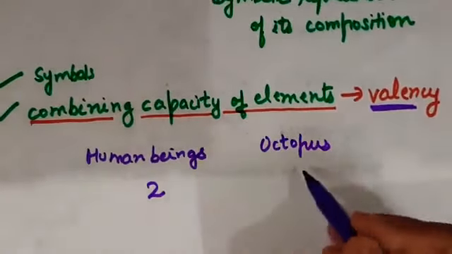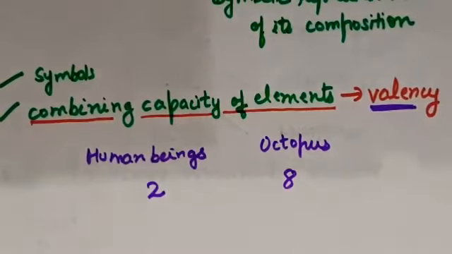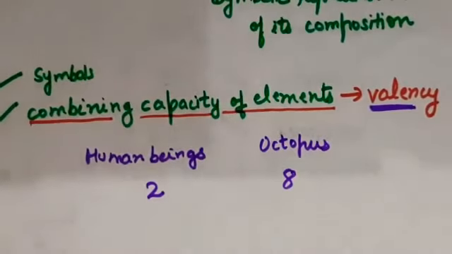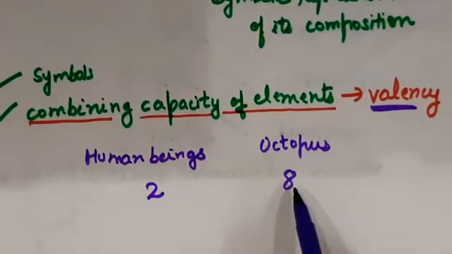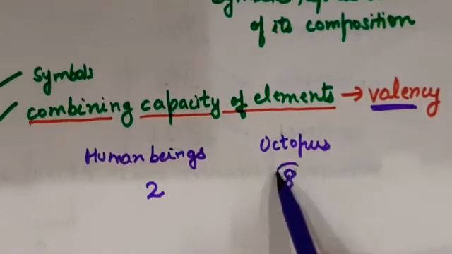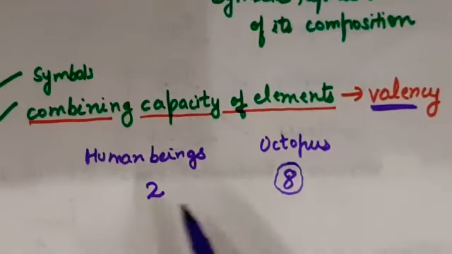An octopus has 8 arms. Now, if one octopus has to catch hold of a few people in such a manner that all 8 arms of the octopus and both arms of the humans are locked, how many humans do you think the octopus can hold?